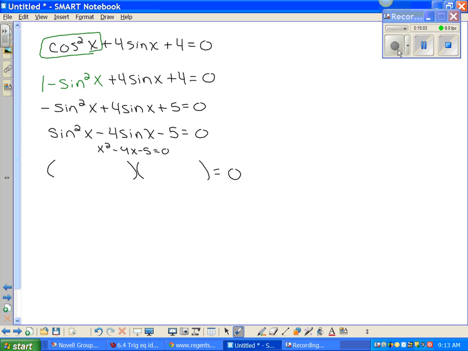So how's this factor, guys? Yeah, sine x minus 5, sine x plus 1. It's going to multiply to be a negative 5, add to be a negative 4. Okay, good. Keep going.